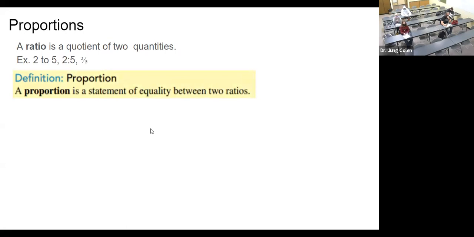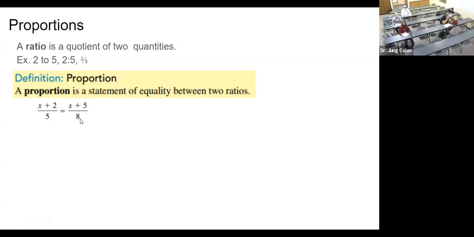How about the proportion then? Proportion and ratio, people confuse them a lot of times, but they're not exactly the same. What's the difference between ratio and proportion? Ratio is just the relationship between two numbers. But the proportion is a statement, an equation using the ratio. To solve a problem, you have to use a proportion because it's an equation. If you don't have the right hand side with an equal sign, it's just a ratio.